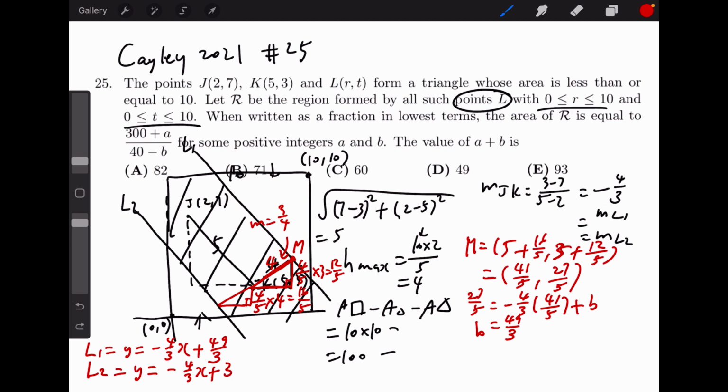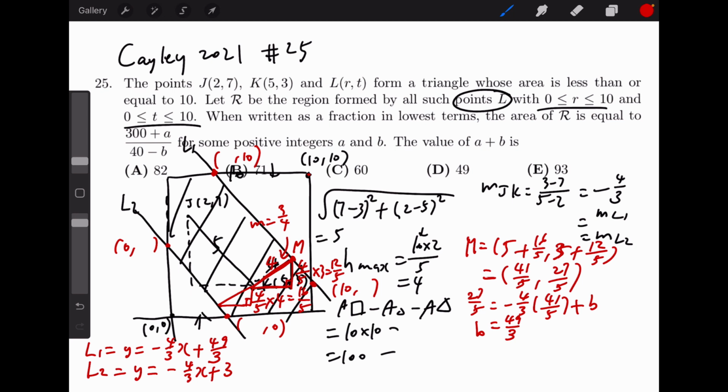The last step we need to do in order to find the base and height of those triangles is to find the coordinates of these 4 points. We already know that the x-coordinate of this point is 0, and the y-coordinate for this point is 0. The x-coordinate for this point is 10, and the y-coordinate for this point would be 10.